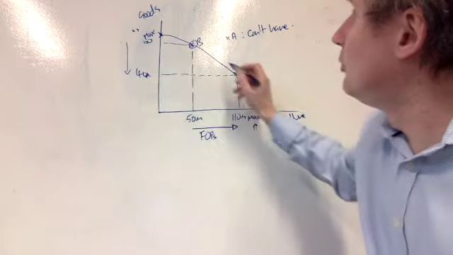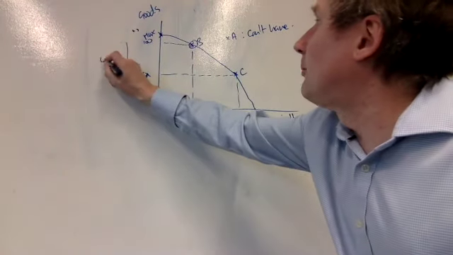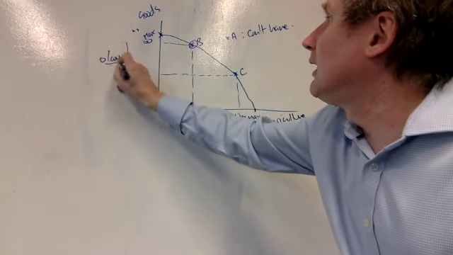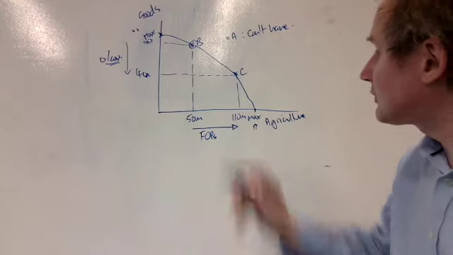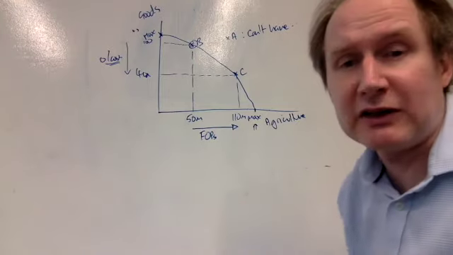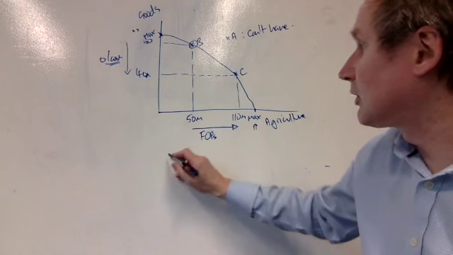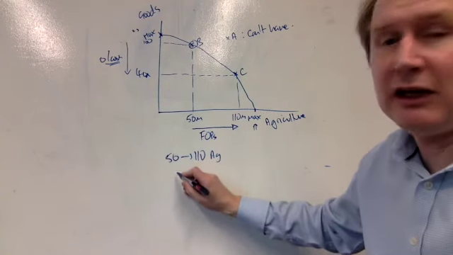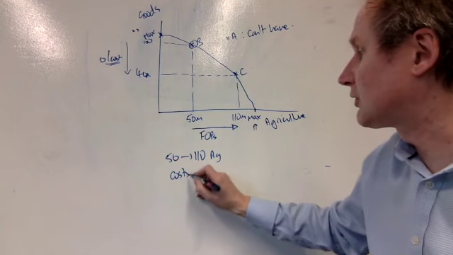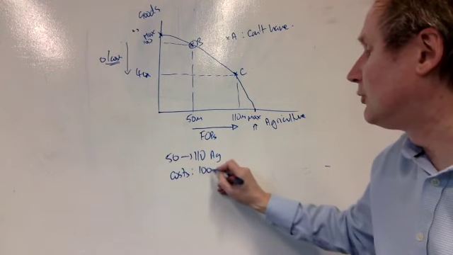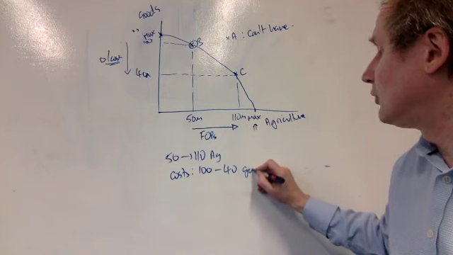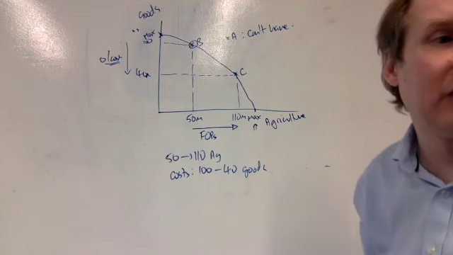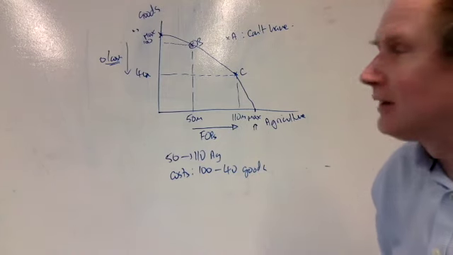Therefore, as we move from B to C, the opportunity cost of producing 60 agricultural goods is, in this case, 60 manufactured goods. So going from 50 to 110 agriculture, the opportunity cost is going from 100 to 40 goods. So the opportunity cost is therefore 60.